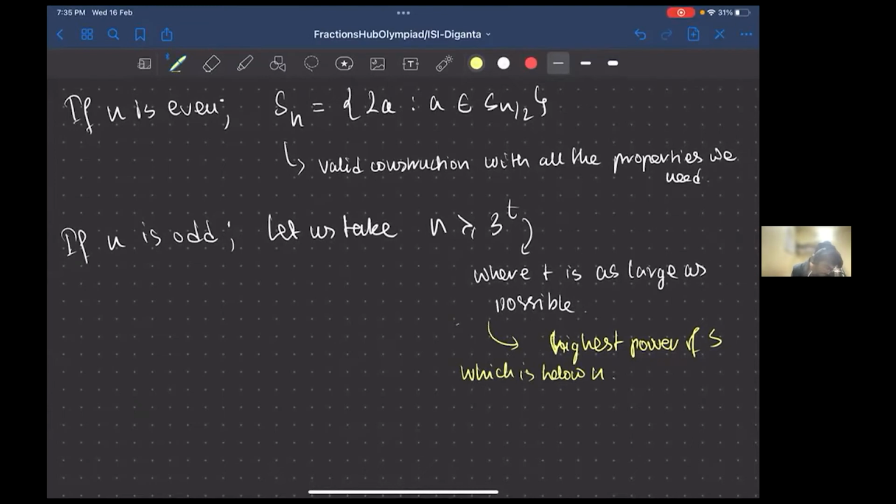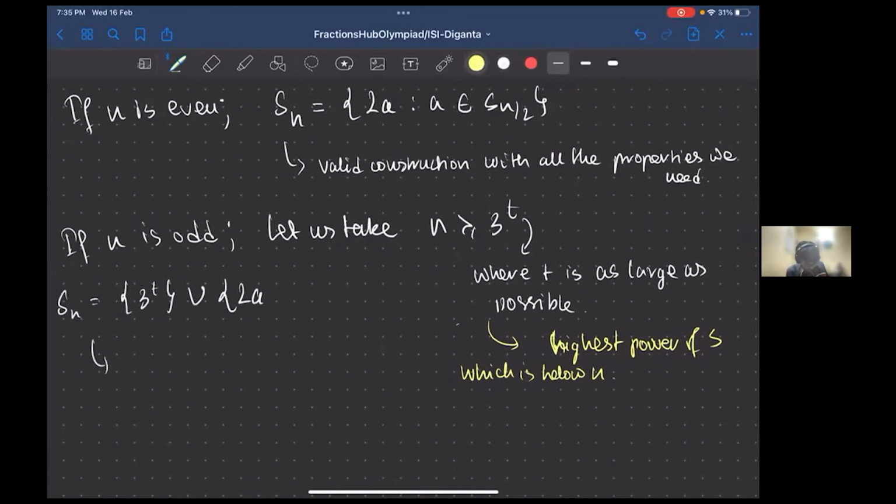So we construct Sn as follows. We include 3^t, and the remaining part would be n minus 3^t. So we need to sum it up. So, the union with 2A.